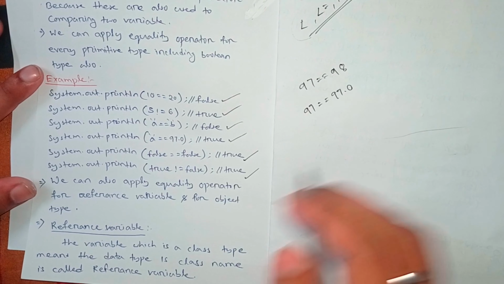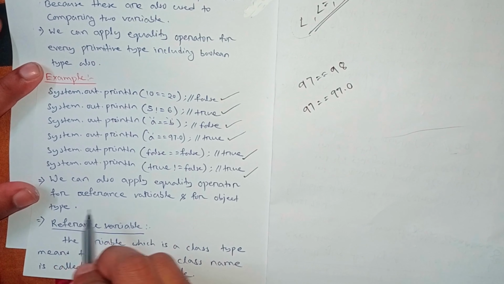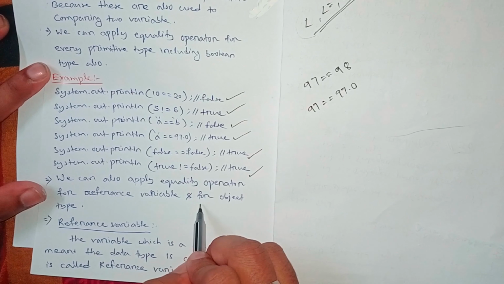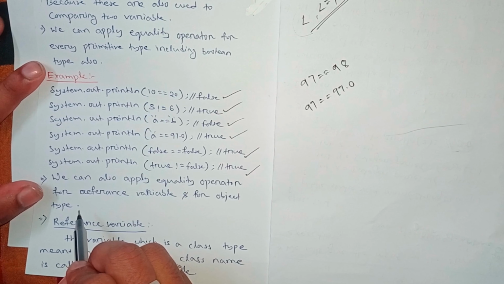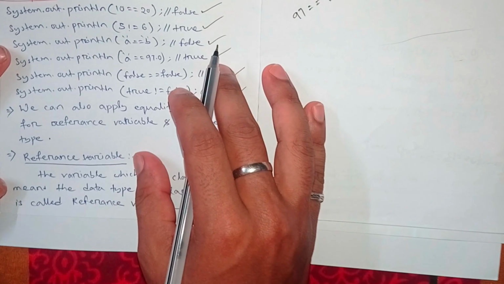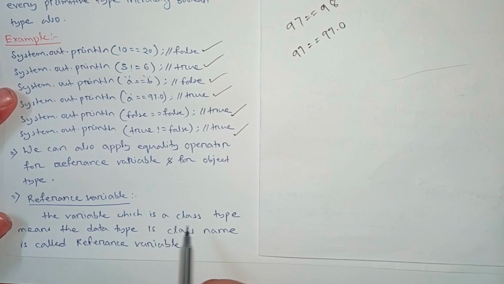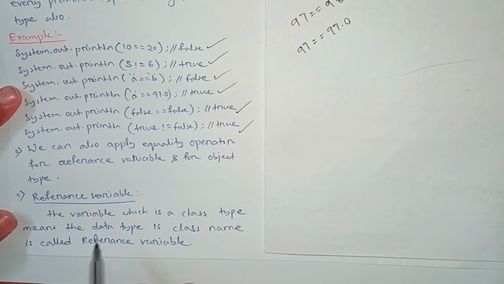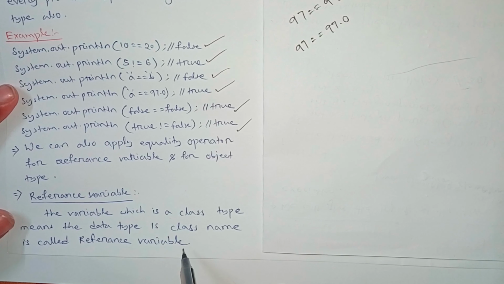We can also apply equality operators to reference variables and to object types. First, see what a reference variable is. A variable whose data type is a class name is called a reference variable.